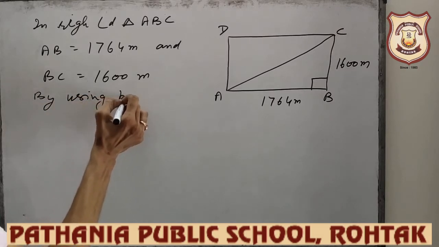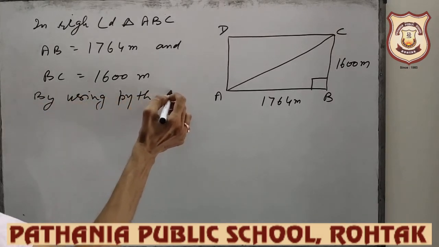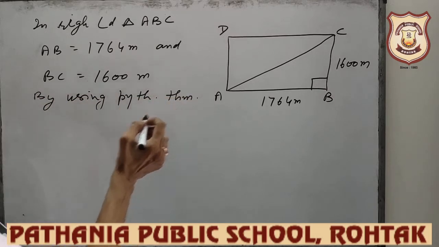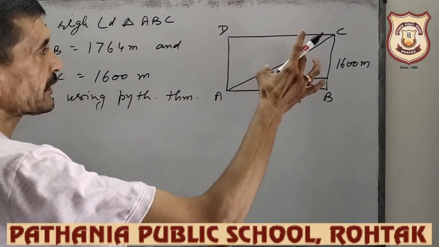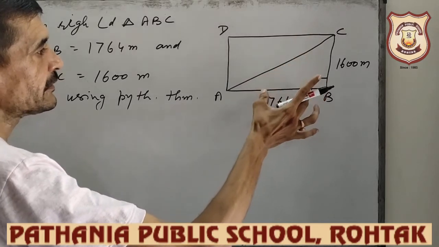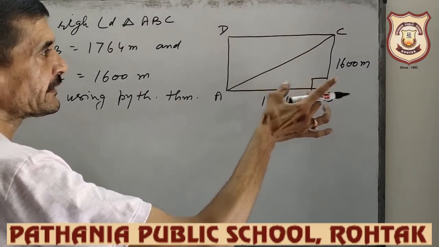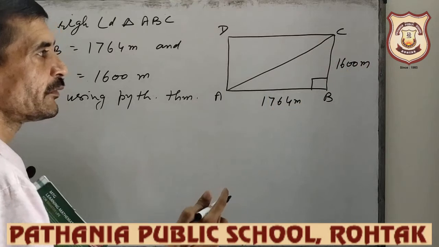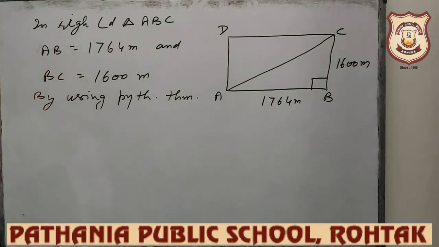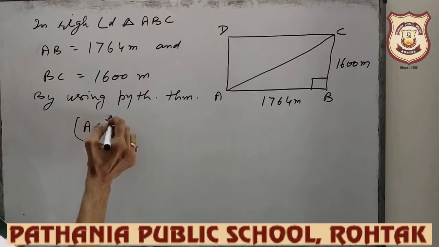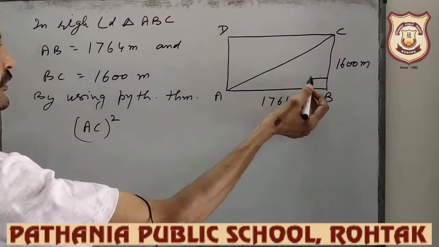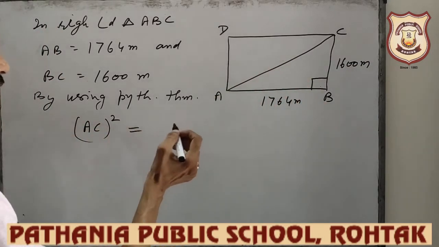Now find the length of AC by using Pythagoras theorem. We know that by Pythagoras theorem, the square of the hypotenuse is equal to the square of base plus square of perpendicular. AC, the side opposite to 90 degrees, is the hypotenuse.